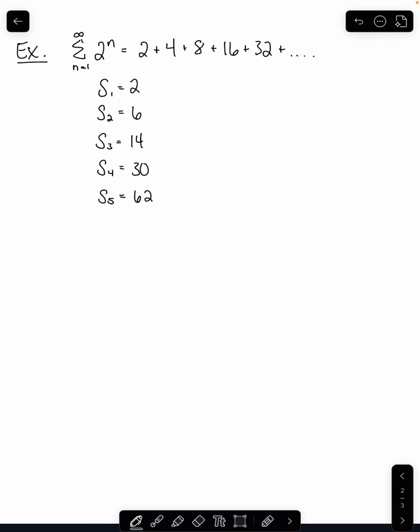We can see that each new partial sum is a noticeable increase from the previous one. In fact, each one is more than double the one before it.